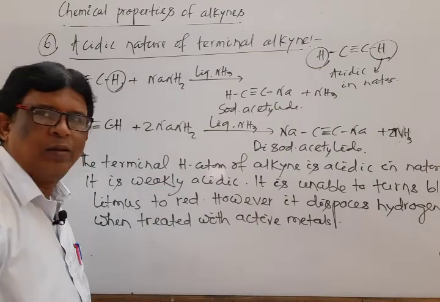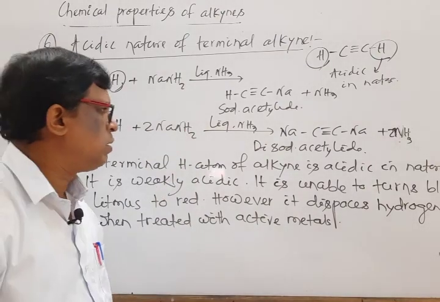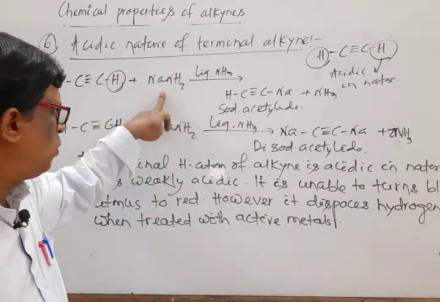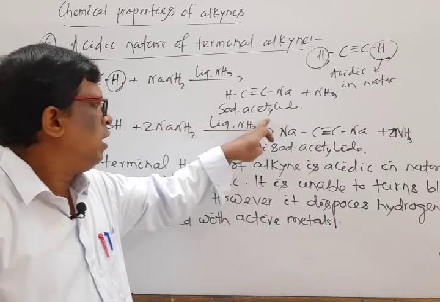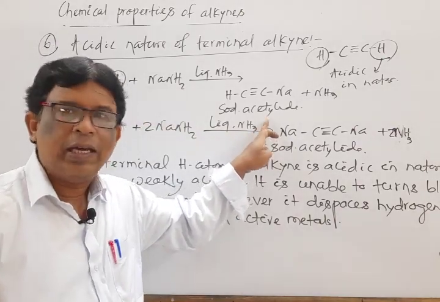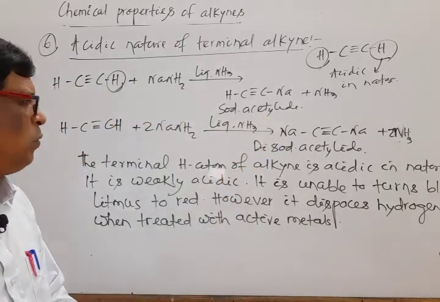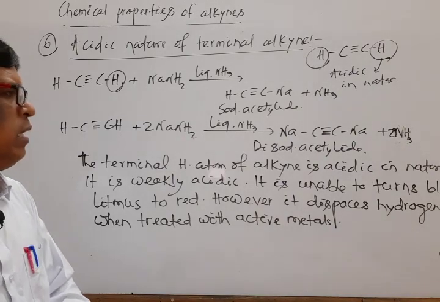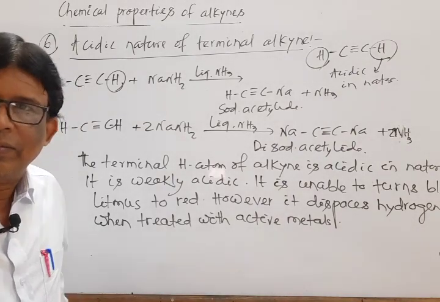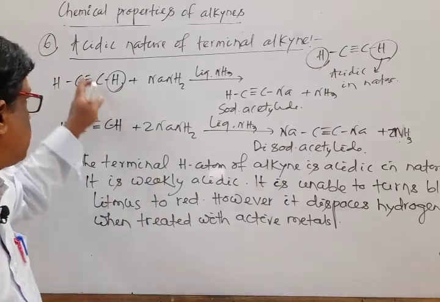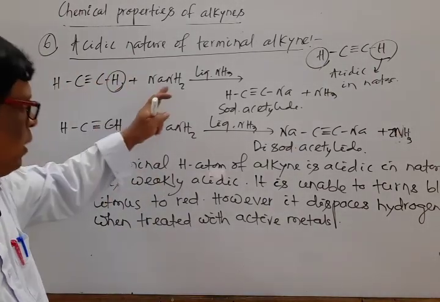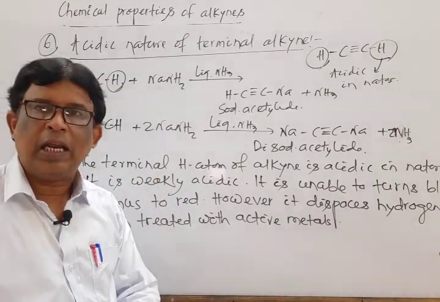Okay. For example, note down these two equations. If we select one molecule of sodamide, then we get monosodium acetylide. If we select two molecules of sodamide, then we get disodium acetylide. Okay, this is the first reaction showing the acidic nature of terminal alkyne.